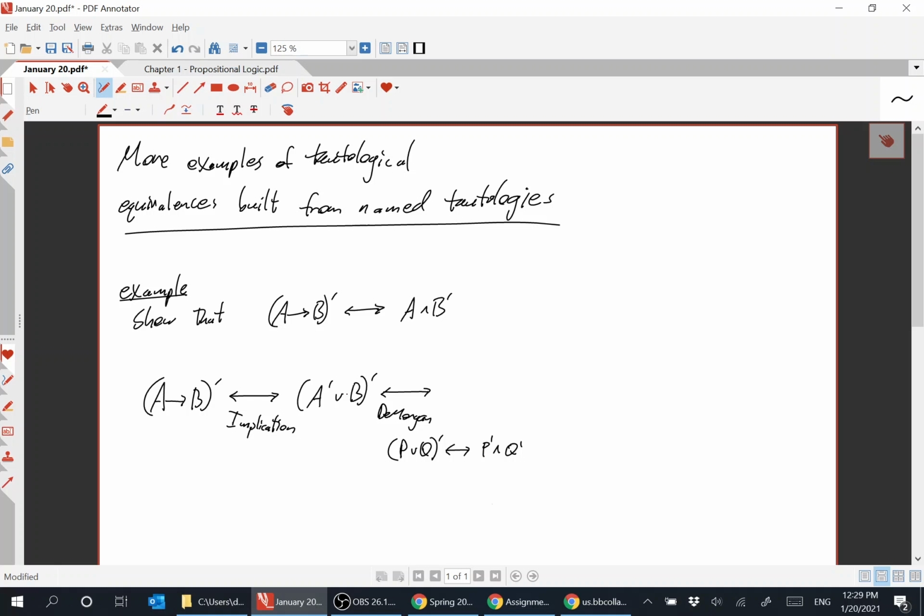So this is logically equivalent to A naught naught and B naught. Then using double negation, you could do this all in one step, A naught naught is just A. So the negation of an implication, A implies B, is logically equivalent to A and B naught.